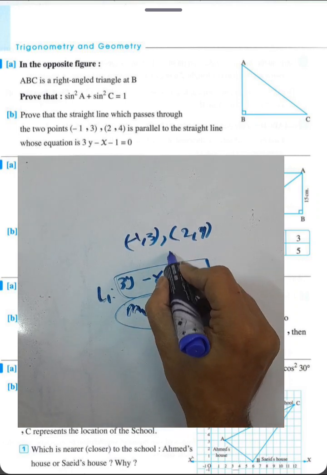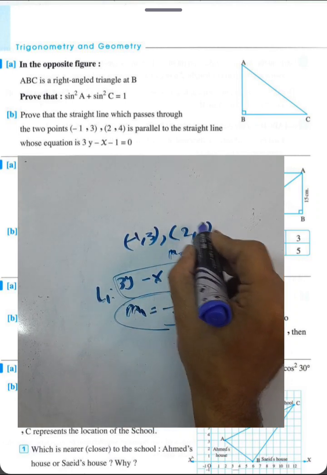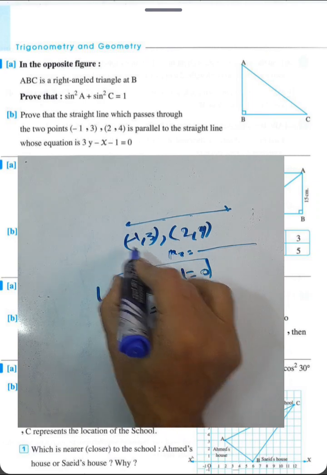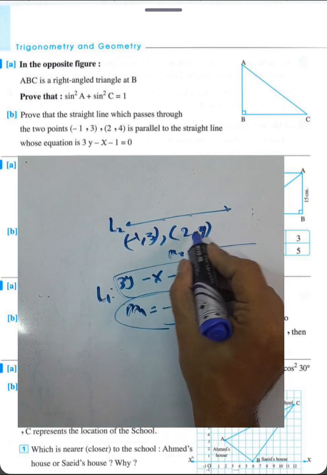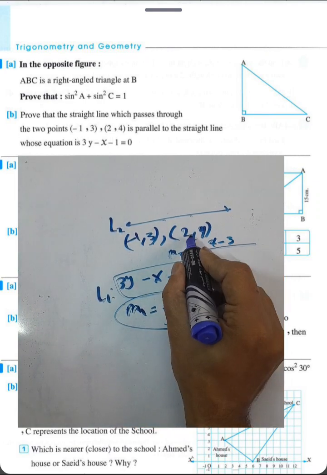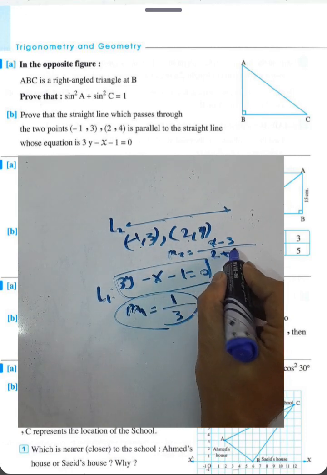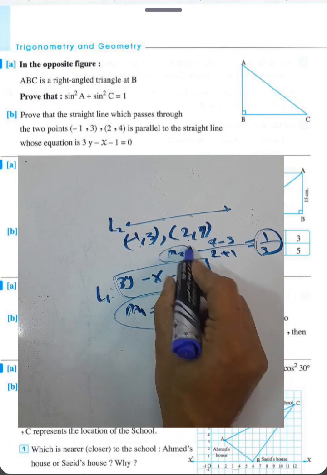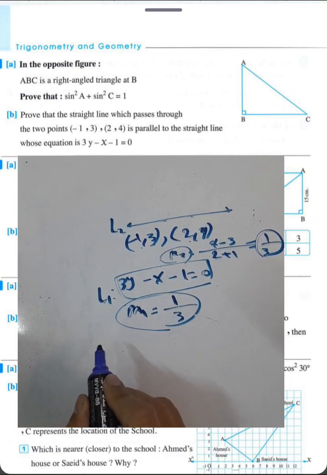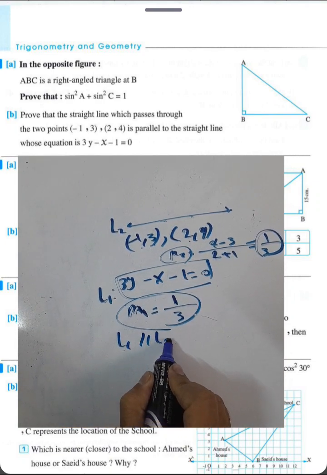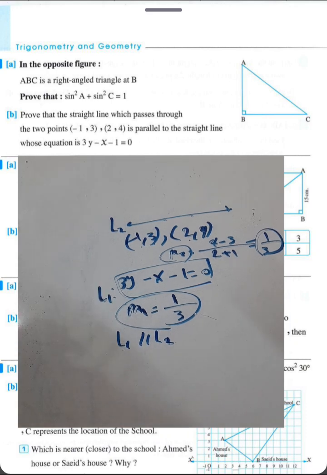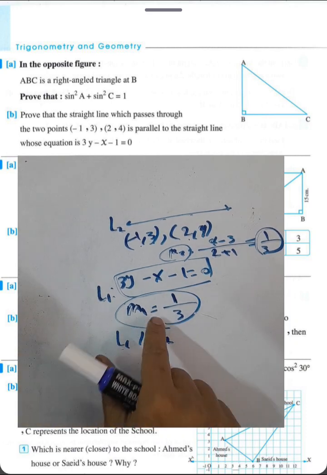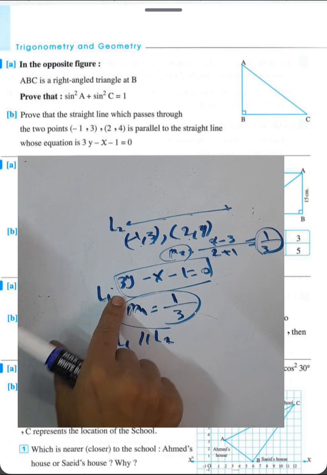And we can find the slope of the straight line passing through the two points; I will write L2. y2 minus y1, 4 minus 3, over x2 minus x1, 2 plus 1. The result will be 1 over 3. Then m1 equals m2, so L1 will be parallel to L2. It's very easy for you to prove that. Remember the slope is negative the coefficient of x over the coefficient of y.